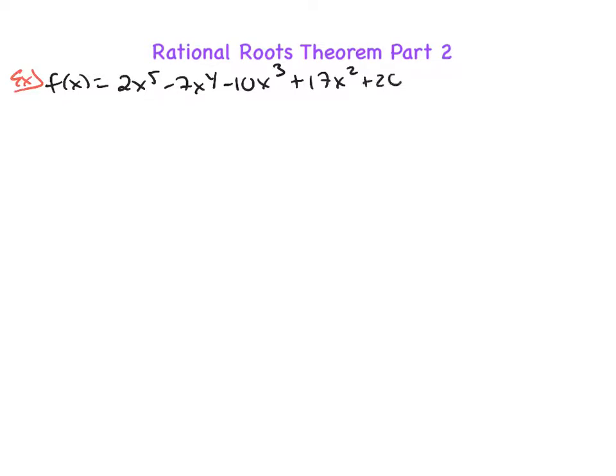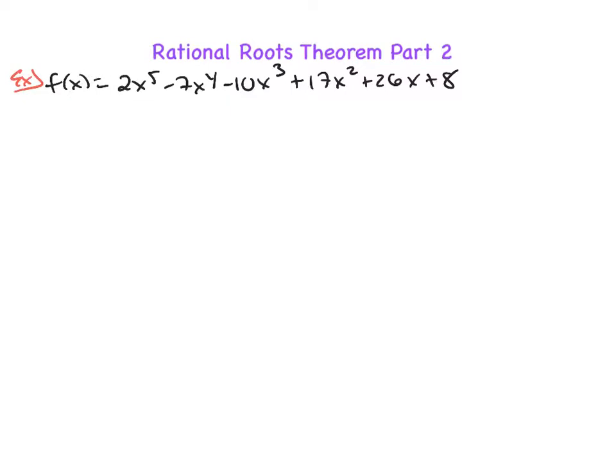Let's do one last example before you practice some on your own. One more example. Let's do f of x equals 2x to the 5th minus 7x to the 4th minus 10x cubed plus 17x squared plus 26x plus 8.